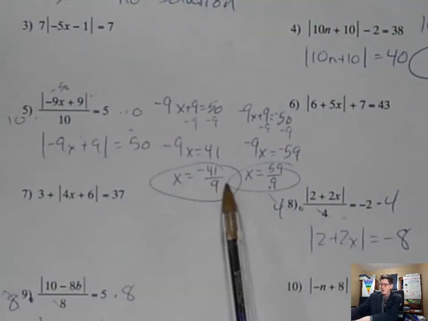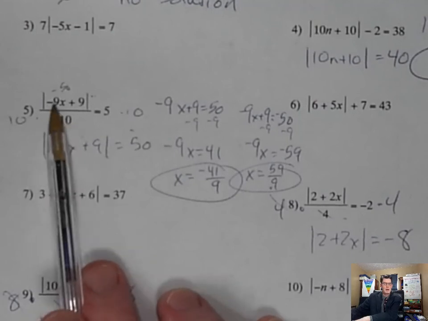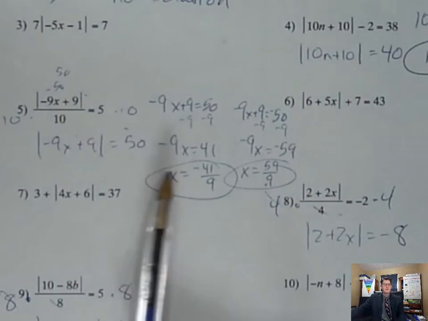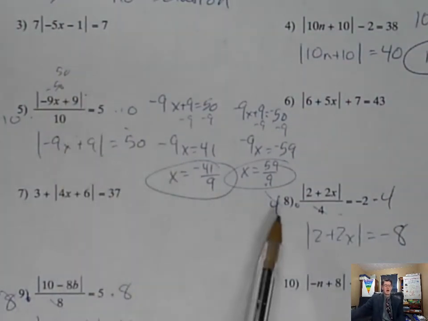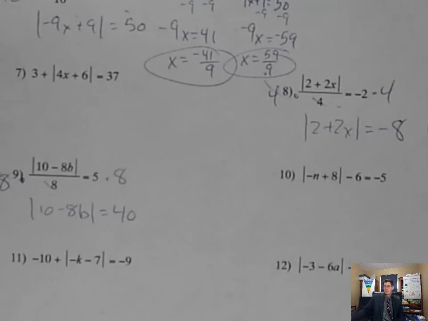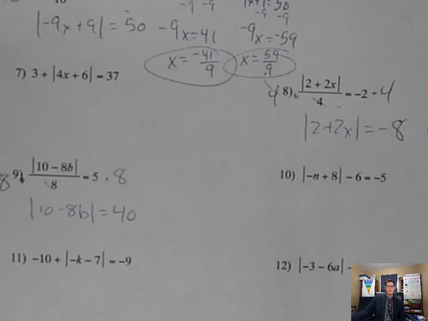If you want to do the same thing over here with negative 41, put negative 41 over 9 in there, multiply it, you get 41 plus 9 is a positive 50. And the absolute value of that. On these ones, the way to check your work on some of these where you get the negatives is to put the number back in for the variable and see if you get the right answer.